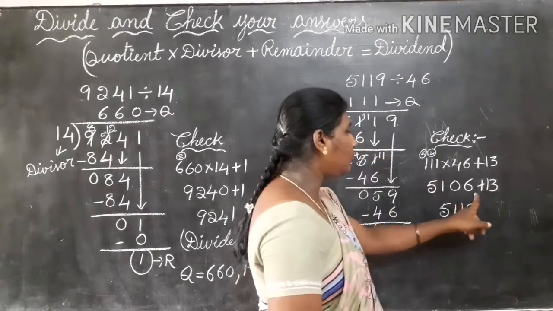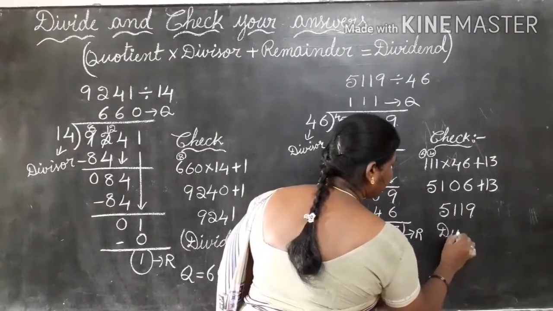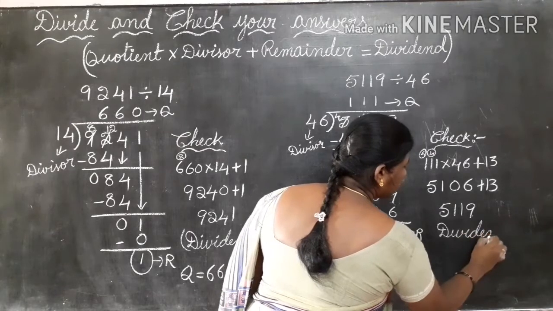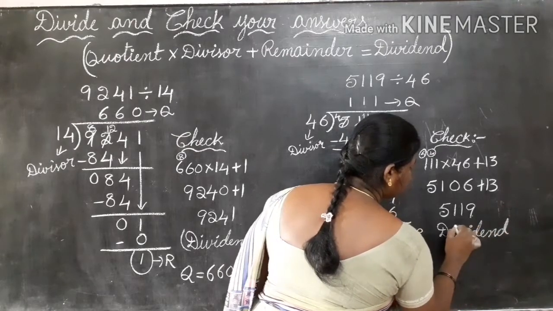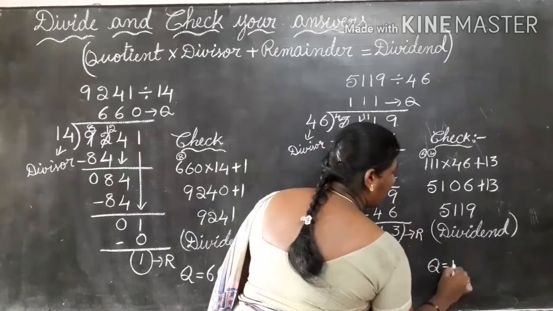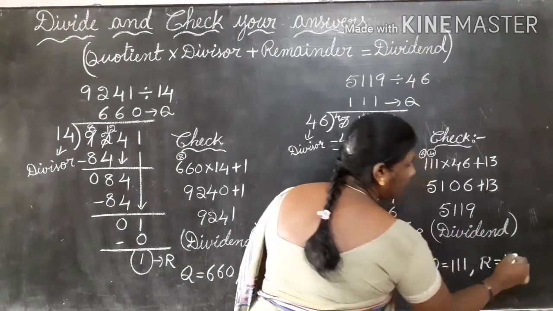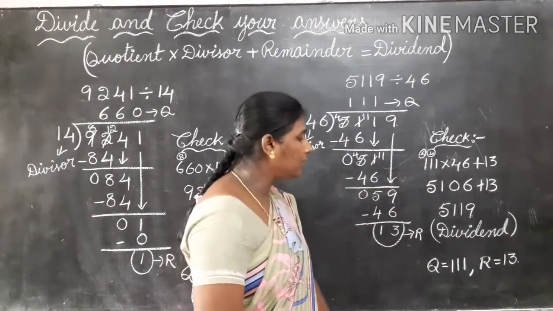If you add these two, we will get 5119. It is the dividend. So how much is the quotient? Quotient is equal to 111. Remainder is equal to 13.